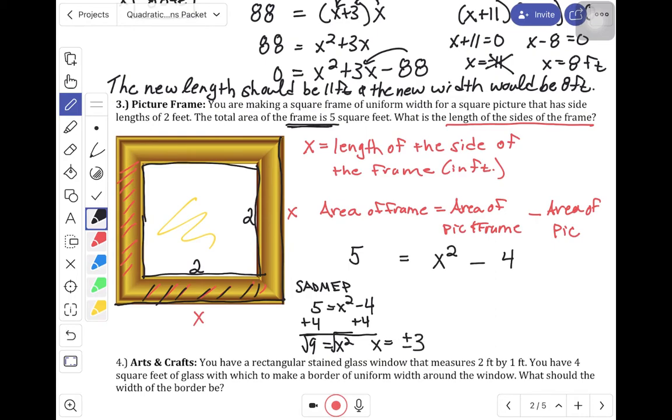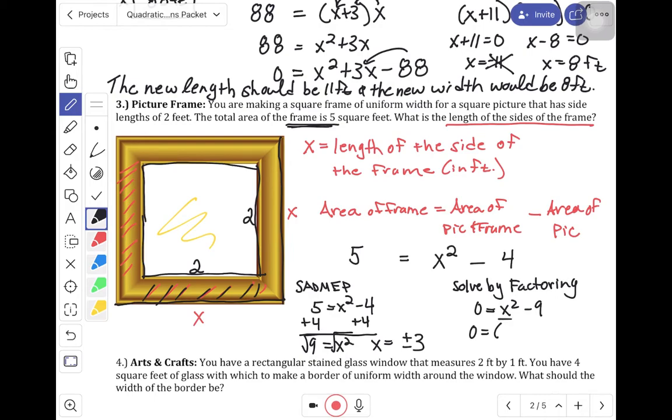The other way is to solve by factoring. In this case, I would have to take a second to get one side equal to 0. So if I subtracted 5 from both sides, I get 0 equals x squared minus 9. This is what we defined earlier in the chapter as a difference of 2 perfect squares, so I use the square root method for factoring.